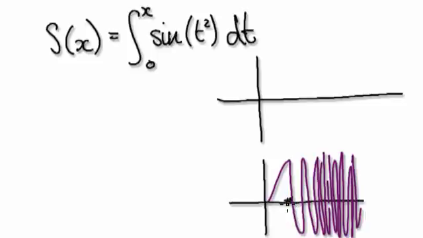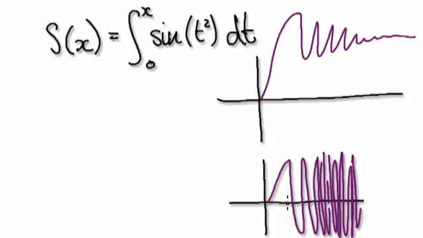Looking at this here, bear in mind that this area here is bigger than this area here. And this area here is bigger than this area here. Just bear this in mind. So from this, your original function will look something like this. Let's say this is a.